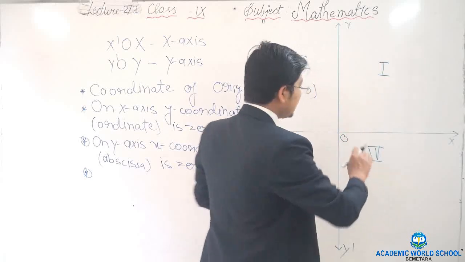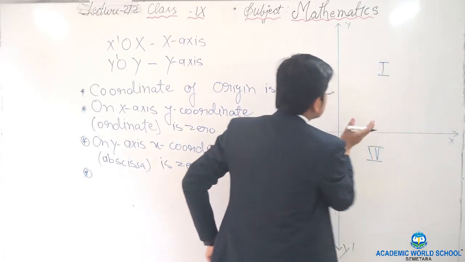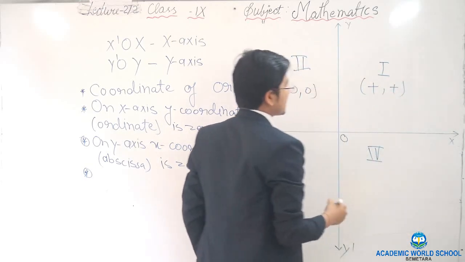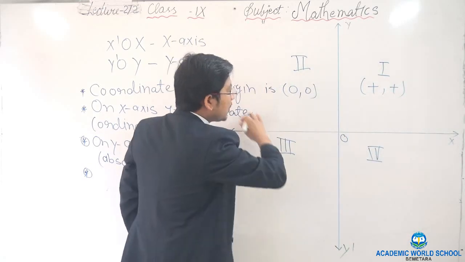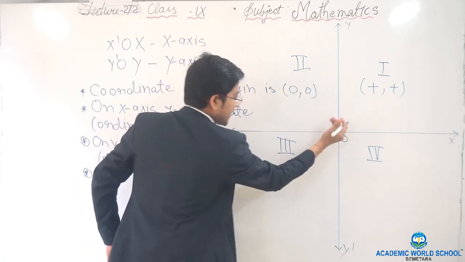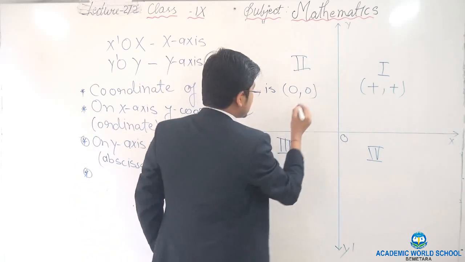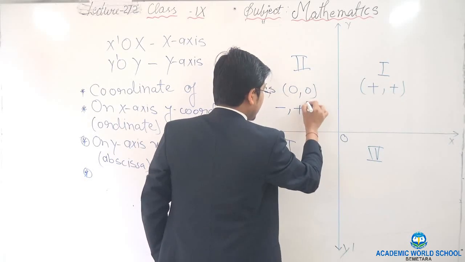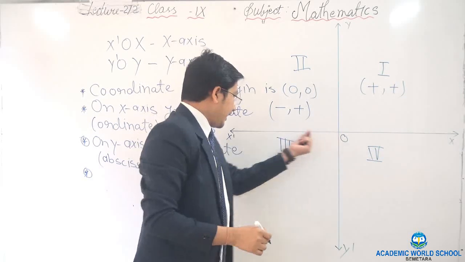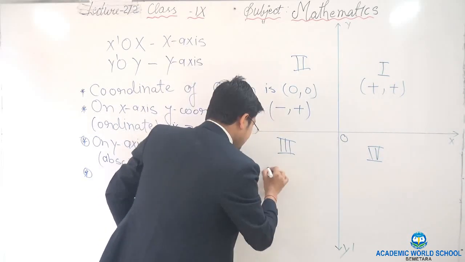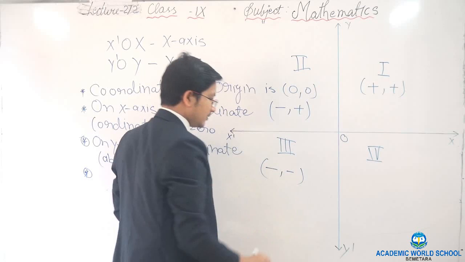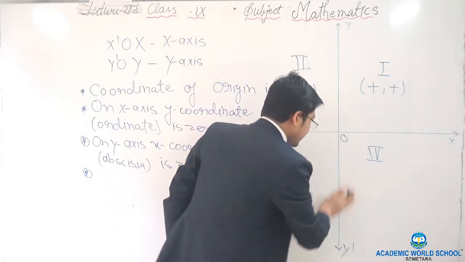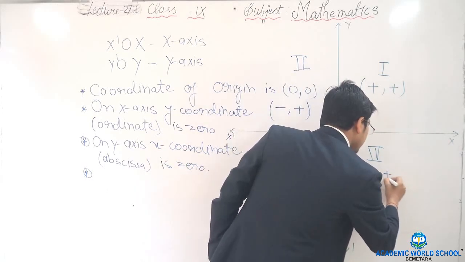The first quadrant has positive x-axis and positive y-axis, so it is plus, plus. The second quadrant has negative x-axis and positive y-axis, so negative, positive. The third has negative x-axis and negative y-axis. The fourth has positive x-axis and negative y-axis, so positive, negative.